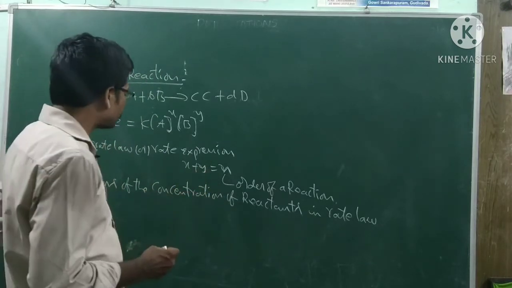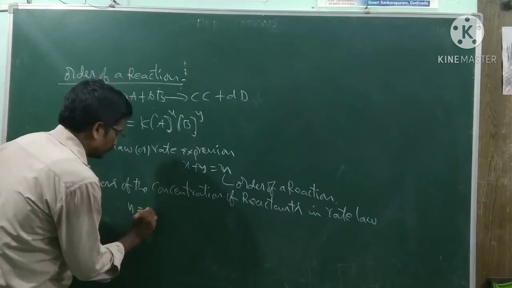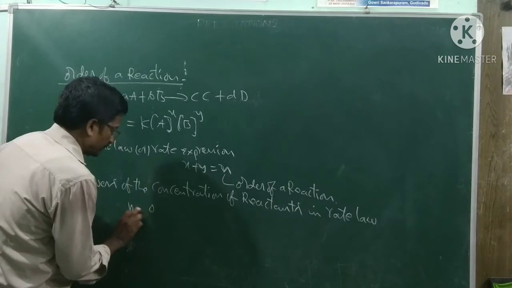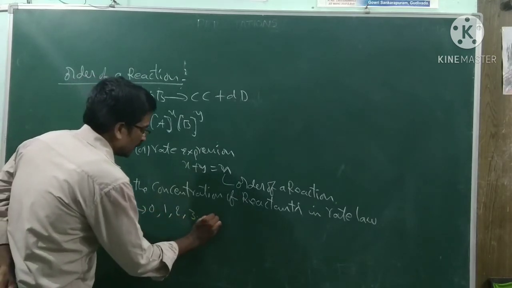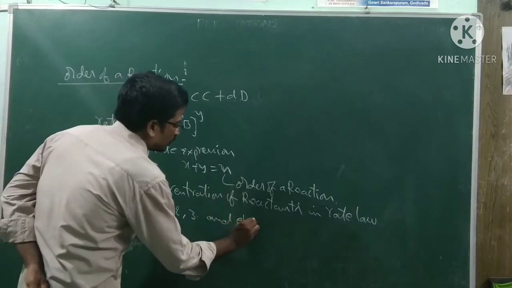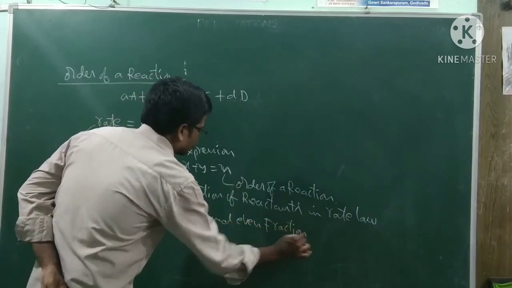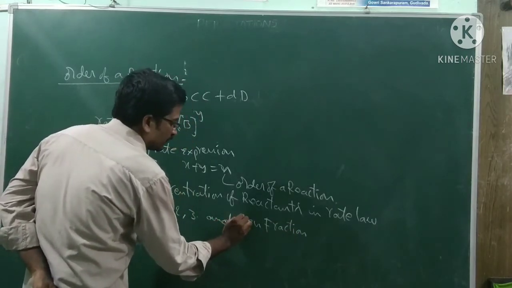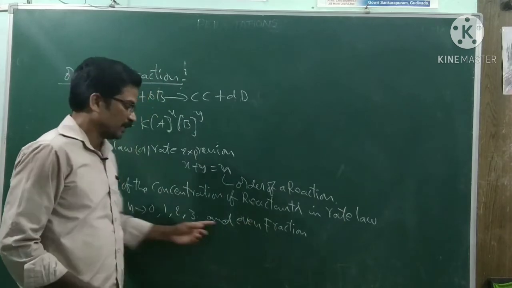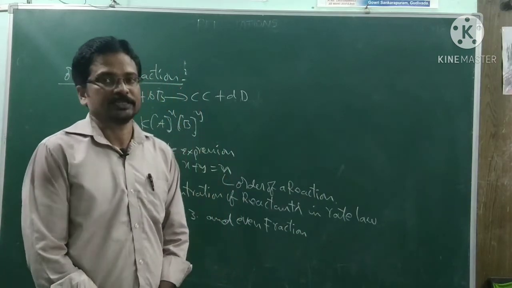The order n value may be 0, 1, 2, 3, and even fraction values are also possible for the order of a reaction.